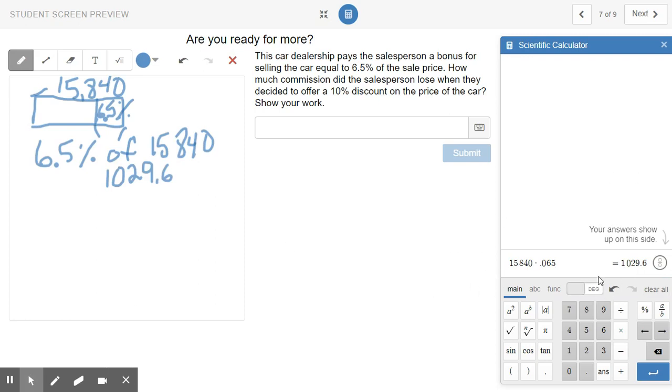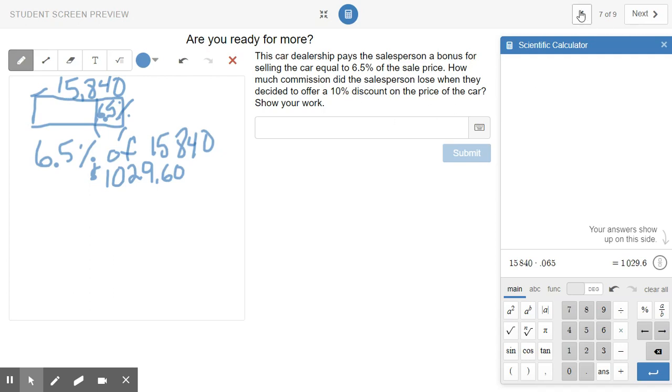Okay, so now that I've found the 6.5% of the 15,840, this is what I got. I do have to interpret this answer because I know that this answer should be in money form, and it didn't quite give that to me. We would have to add this 0 on, right? We make that 60 cents. So here's the commission on the regular priced vehicle. Now we're going to have to find how much that person would have made on the discounted vehicle.